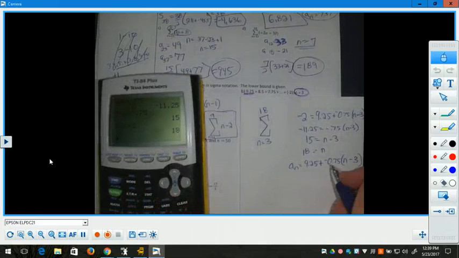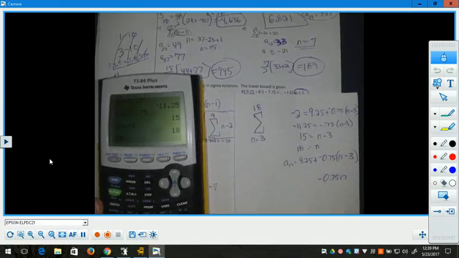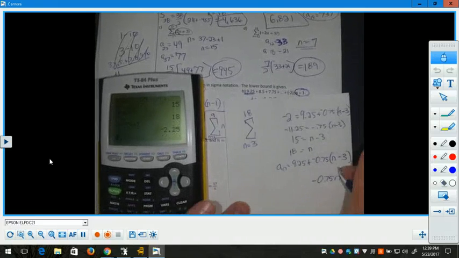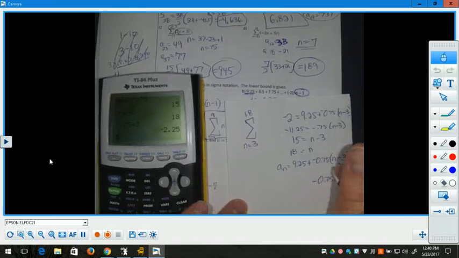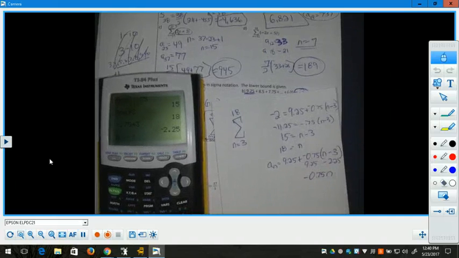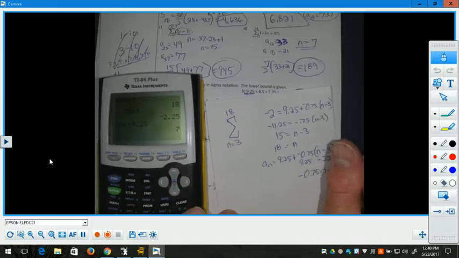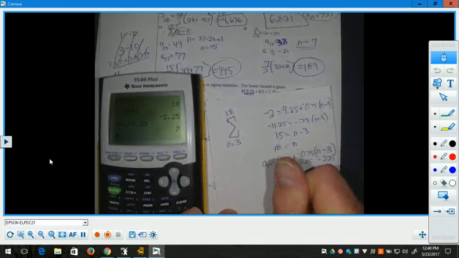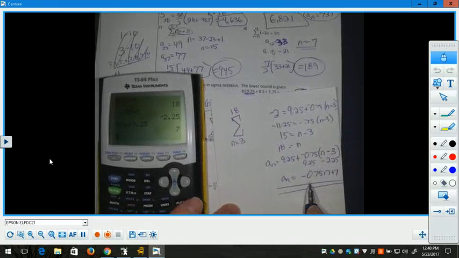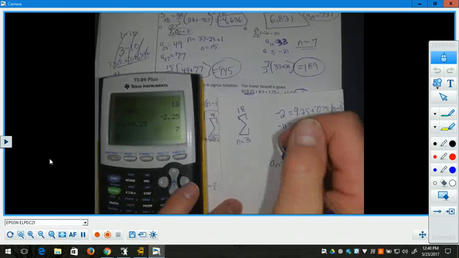So I'm going to distribute. I have negative 0.75n. Negative 0.75 times 3 is negative 2.25, with the 9.25, it's going to be 7. So our explicit rule for this is negative 0.75n plus 7.